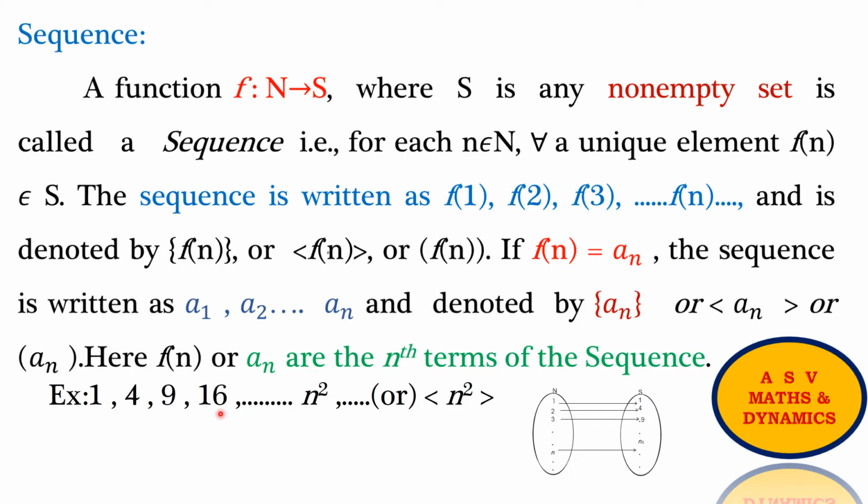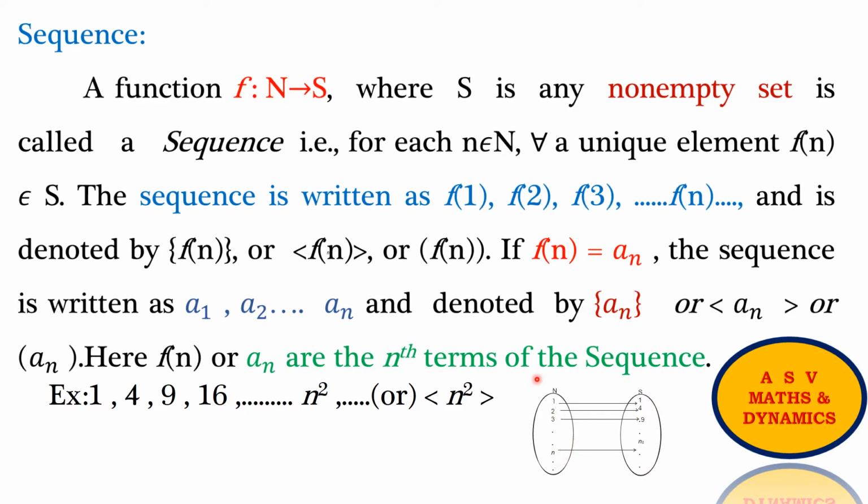For this example, the n values are 1, 2, 3. If you substitute the n values, you get the S values 1, 4, 9, because our sequence is n squared. So if you substitute 1, 2, 3, you get the S values. It is an S set and an N set.